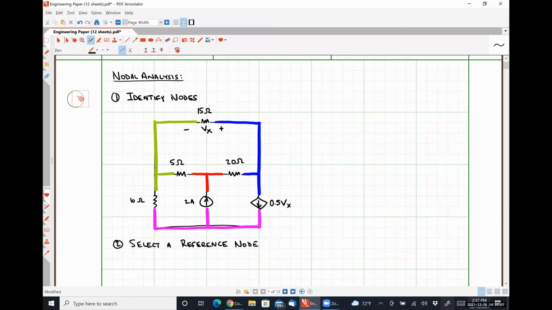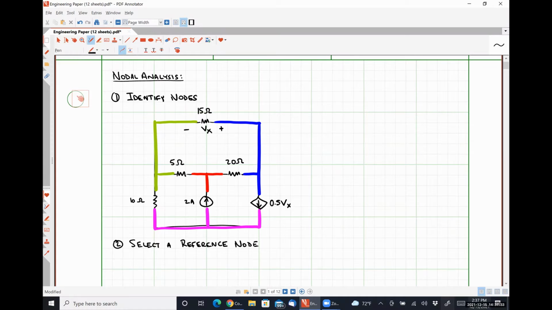Okay? So how I prefer to choose my reference nodes is usually I choose the node that has the largest number of elements connected to it, okay? When we start dealing with circuits that have voltage sources in it, I will modify how I choose my reference node slightly.